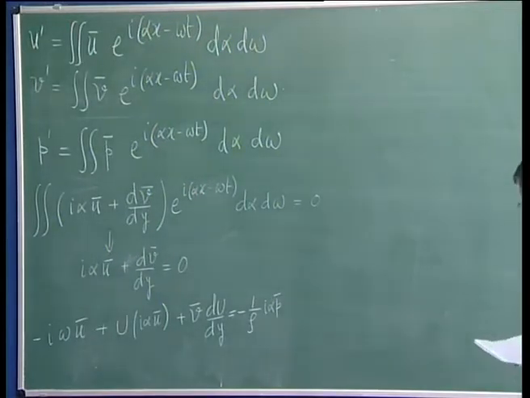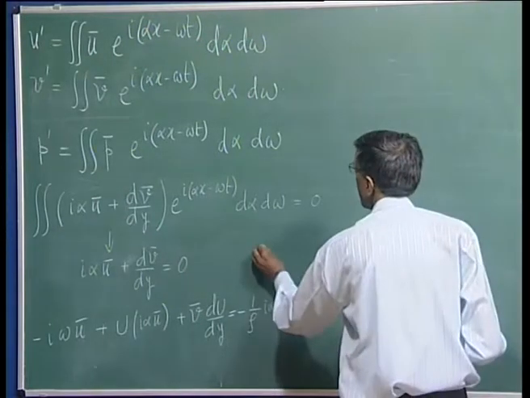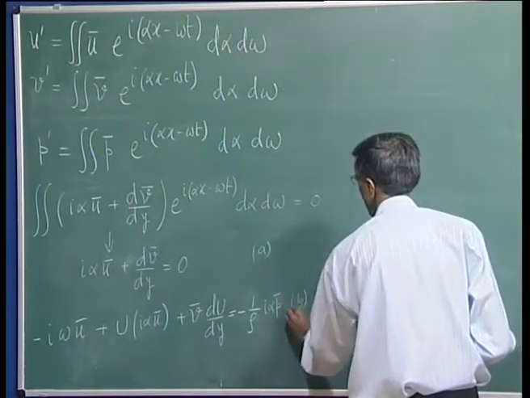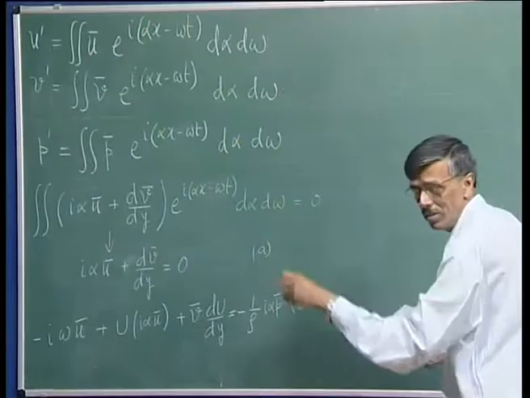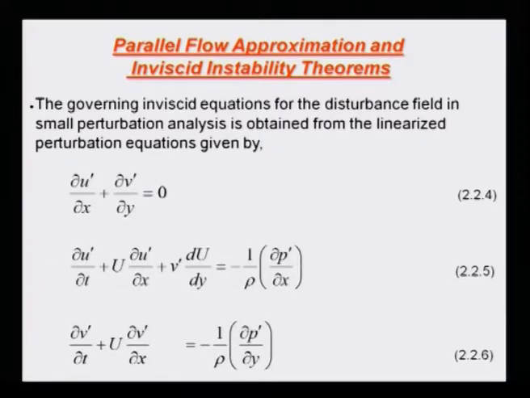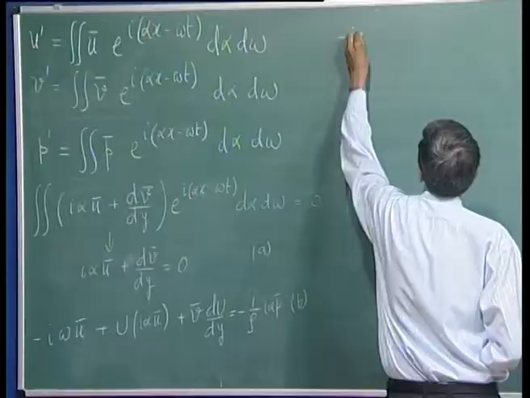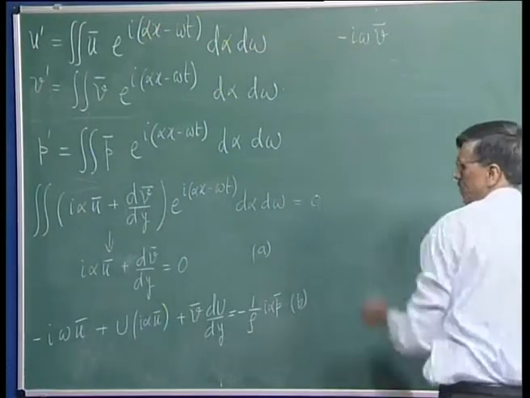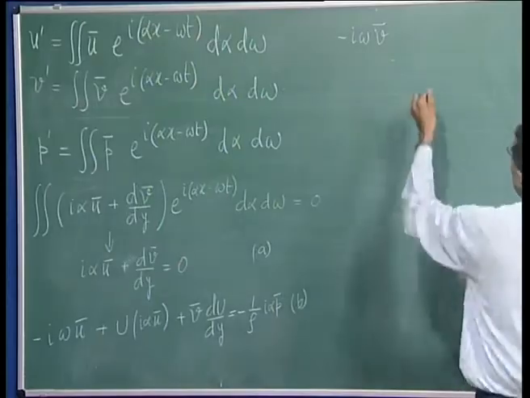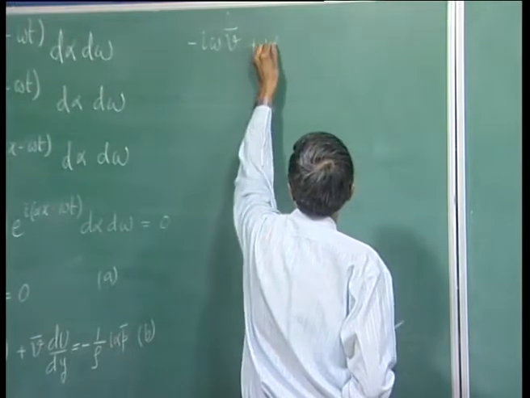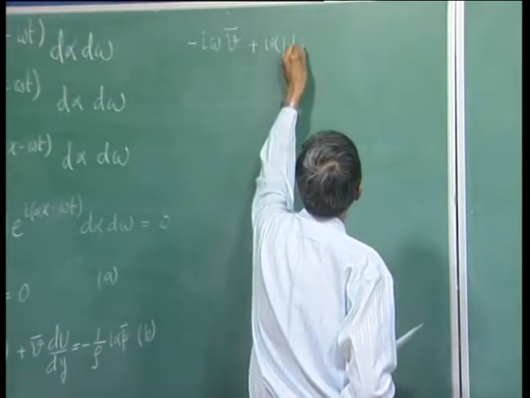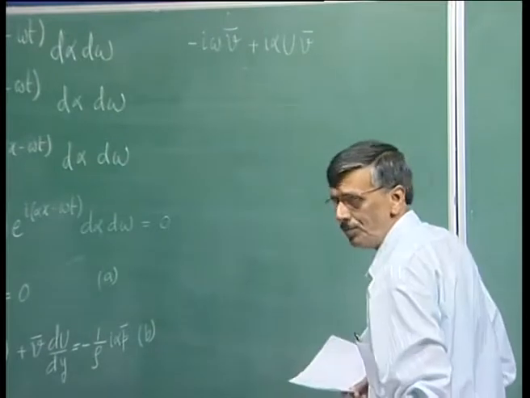And so this is, let's say, equation A, this is equation B coming from the x momentum equation. What is the last one? The last one will come from here, 2.6. Del v prime del t will give us simply minus I omega v bar, and u times del v prime del x will give us I alpha u v bar, right?